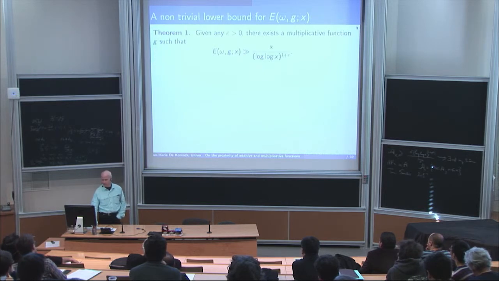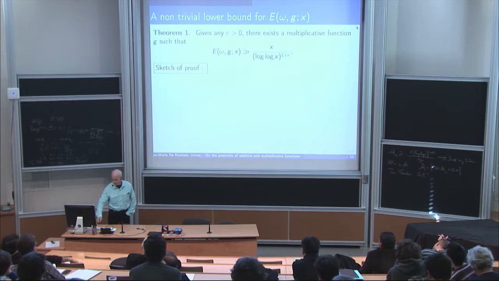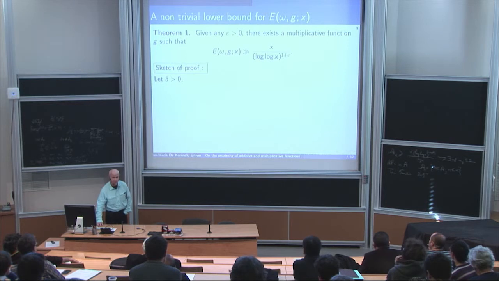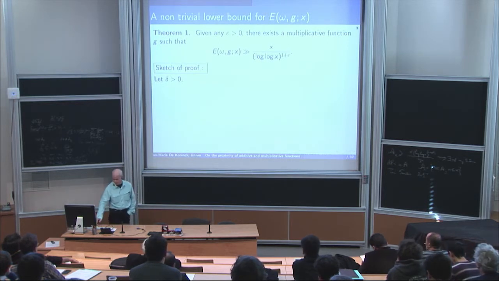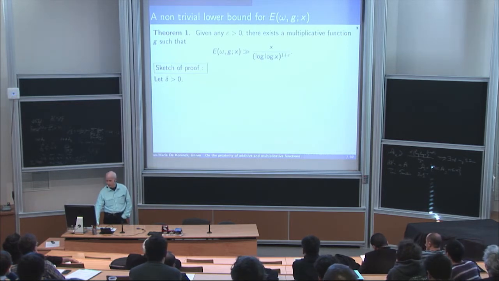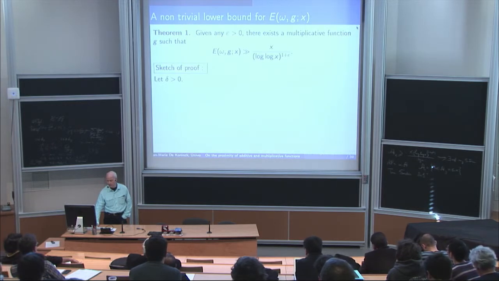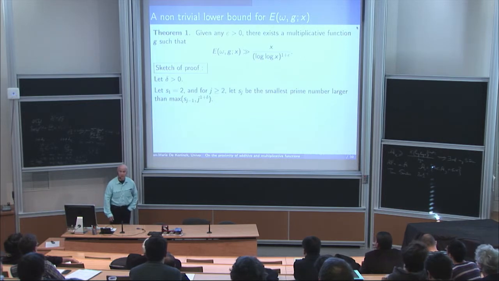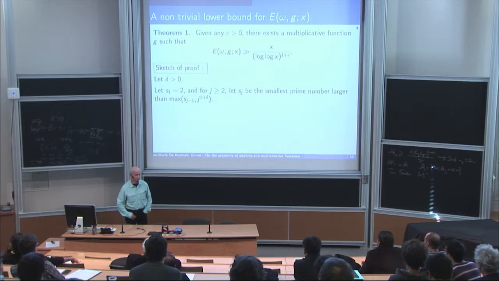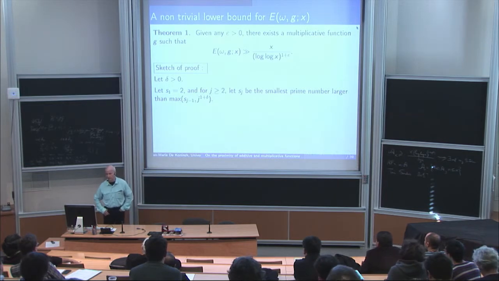Okay, let's go with Theorem 1. I will give a sketch of the proof. I fix delta to start with, and you can imagine that later on I will take it as an expression of epsilon. And I construct a sequence of prime numbers. I start with S_1 equals 2.